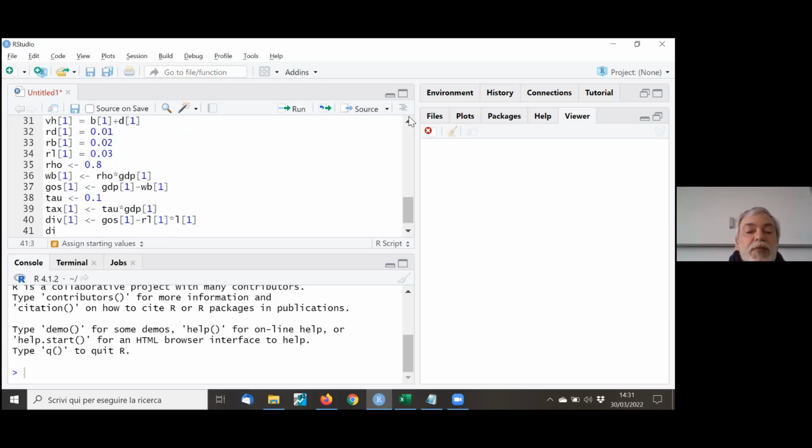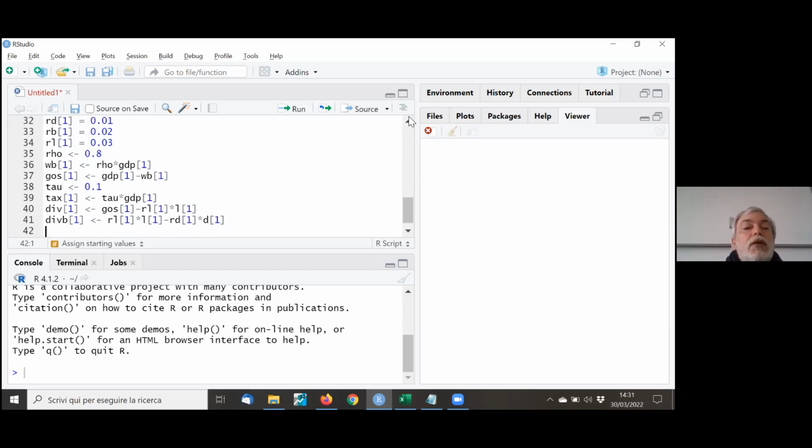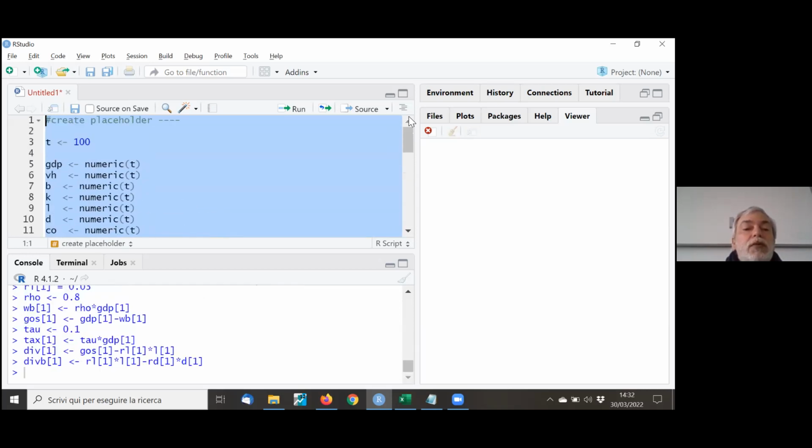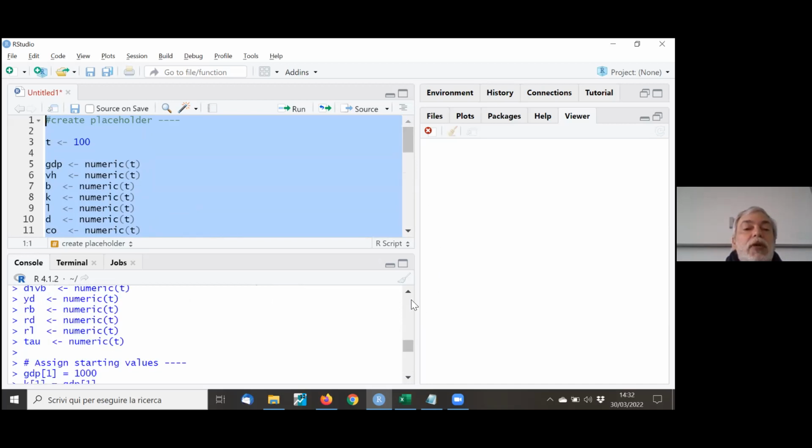So div B would be equal to RL1 times L1 minus RD1 times D1. And yeah, we have D1. Let me check whether everything works. Yeah, everything seems to work smoothly.